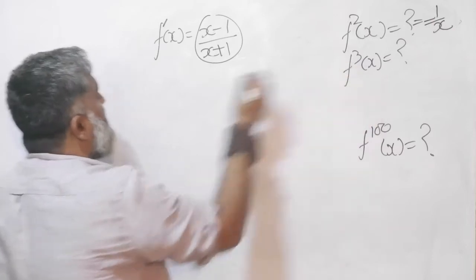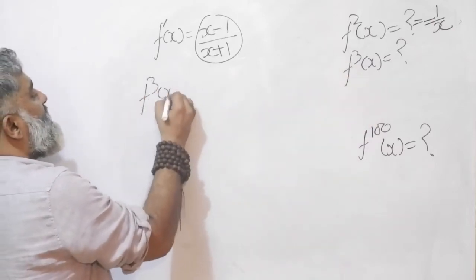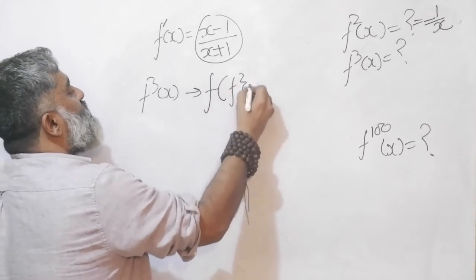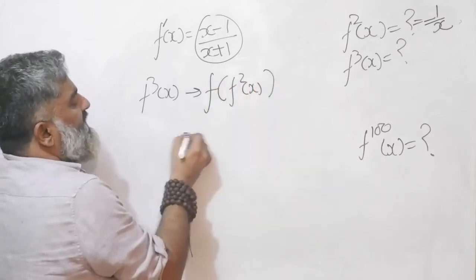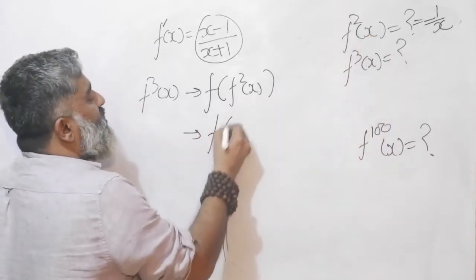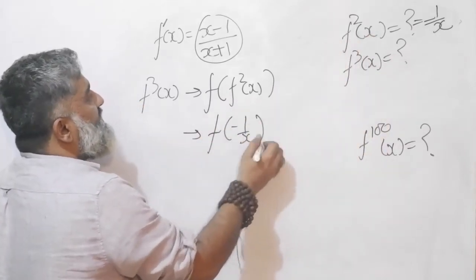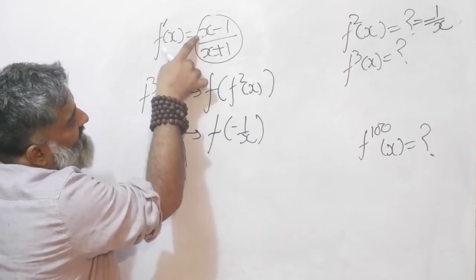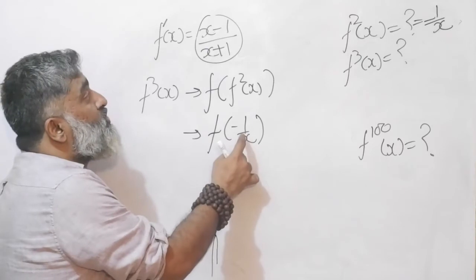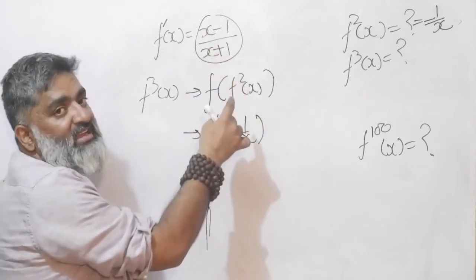Now let's go for the next step, f3 of x, which is the same as f of f2 of x. Rewrite this. f2 of x is minus 1 by x. So f of minus 1 by x. That means wherever there is x in the story, put a minus 1 by x. If I had written f of 5, you would have put a 5 instead of every x in the story.